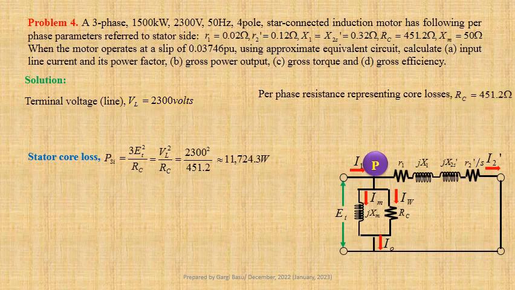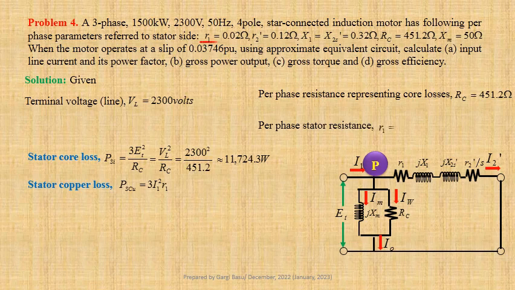Expression for stator copper loss, PS copper equals 3 times I1 square into R1. Given per phase stator resistance R1 equals 0.02 ohm. We have determined input current per phase I1 equals 413 ampere.